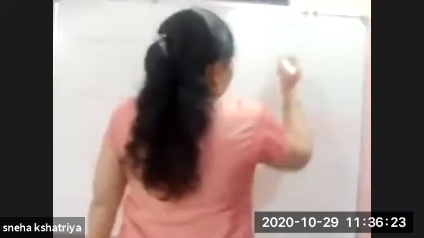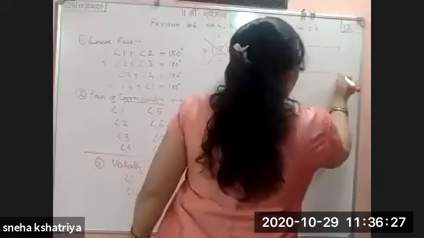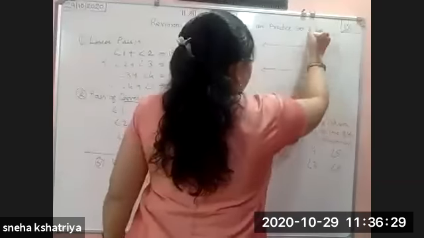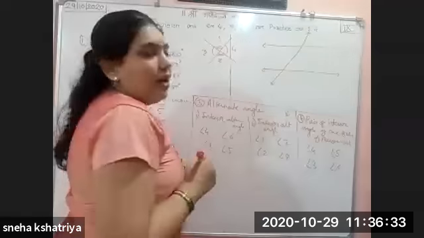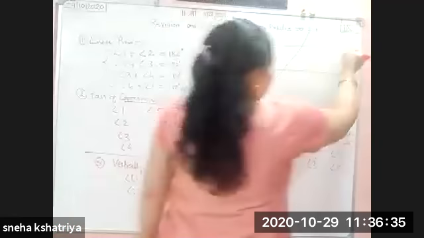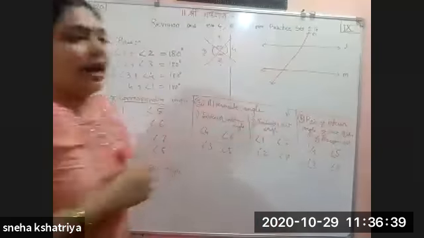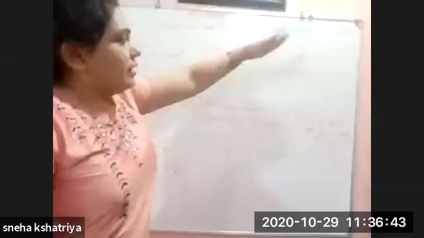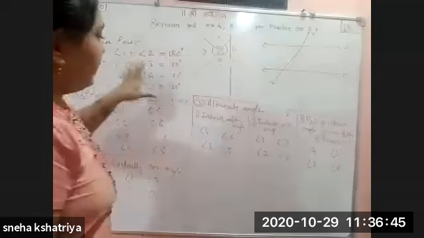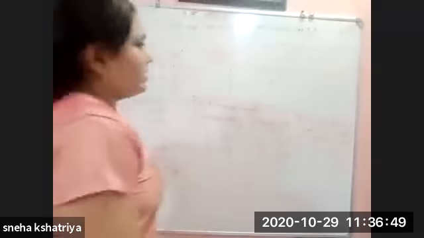Now, the next property is given to you, that if two lines are parallel and a transversal intersects. So this is line L, this is M, this is N. If these two lines are parallel and a transversal intersects, then what will be the relation between these angles?